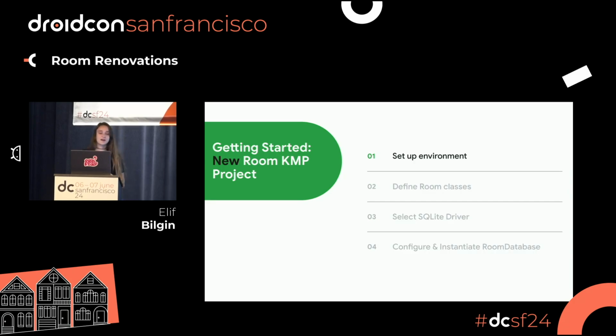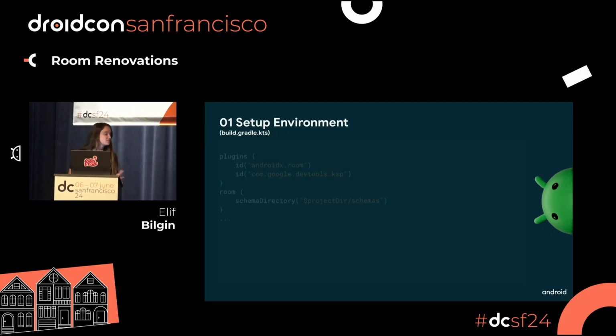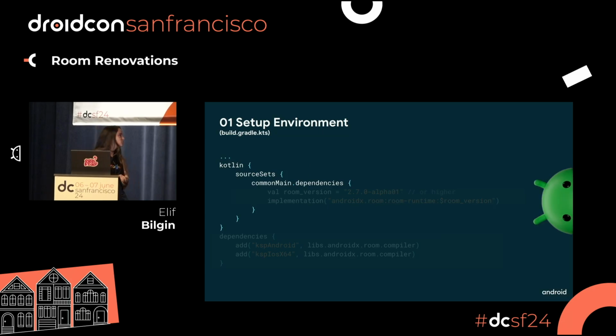So you start by obviously setting up the environment, which means build files. You add the Room Gradle plugin as well as KSP. And for the Room Gradle plugin, you'll also need to set up the schema export directory. Other than that, you'll need to set up your source sets.